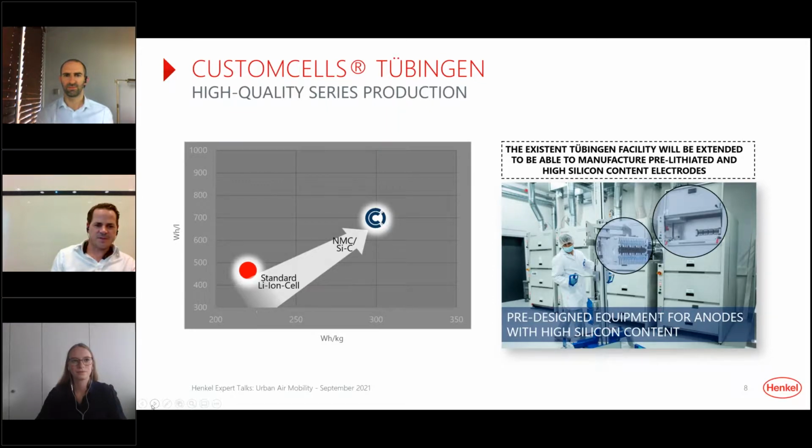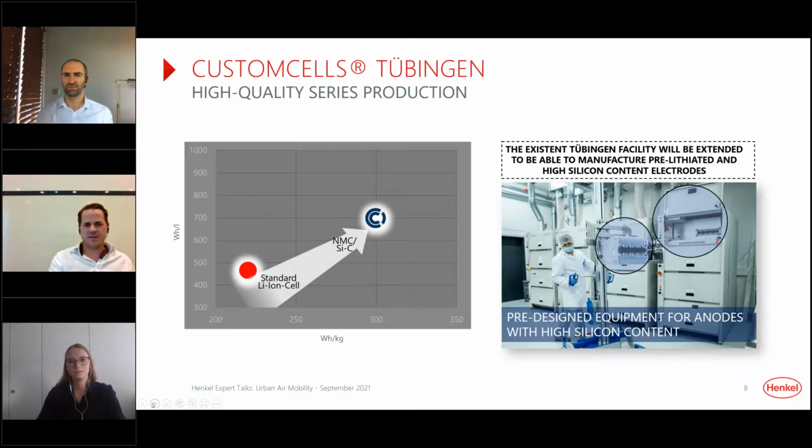Here you see the approach. That's a cell on the left side, the development goals, but it's for the automotive industry, and it has around 300 watt-hours per kilogram and 700 watt-hours per liter. And we prepared already the pilot plant so that we can switch to this technology, because if you're working with silicon anode, you have a lot higher swelling inside the cell.